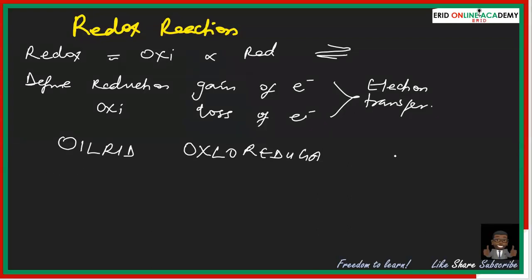Of course, you know that oxidation also has to do with addition of oxygen, while reduction is removal of oxygen, right? But we are sticking with the definition of electron transfer. So those are the three ways you can define or identify your redox.